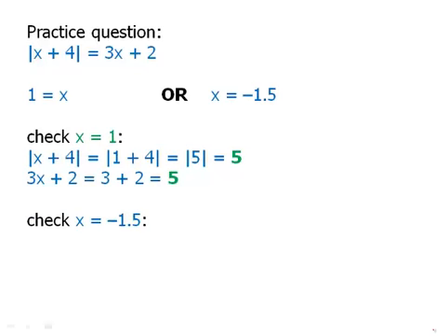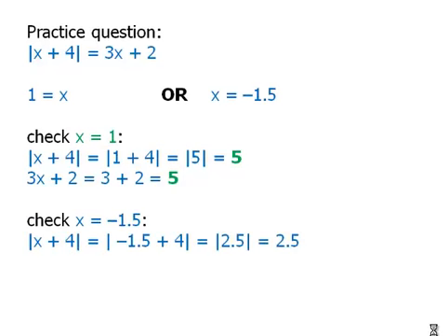Negative 1.5, when we plug this into the left side, we get 2.5. When we plug it into the right side, we get negative 2.5. So this doesn't work. It gives a different value on the right and left side when we plug in. So this equation has only one solution, x equals 1.